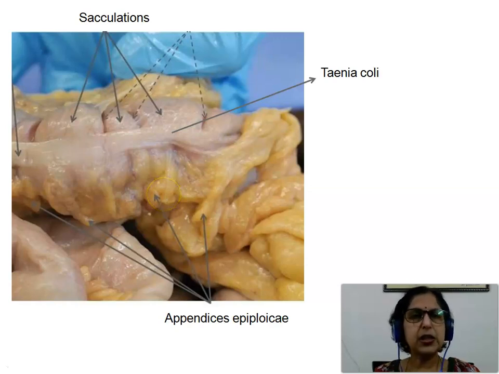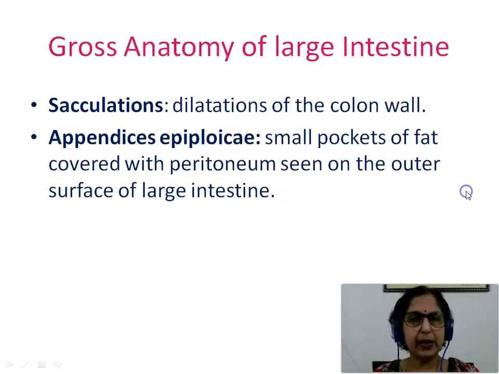So three cardinal features of large intestine that are seen on gross appearance: tinea coli, saculations and appendices epiploicae. So saculations, nothing but dilatations of the colon wall, and appendices epiploicae, which are small pockets of fat covered with peritoneum. These are seen on the outer surface of the large intestine.